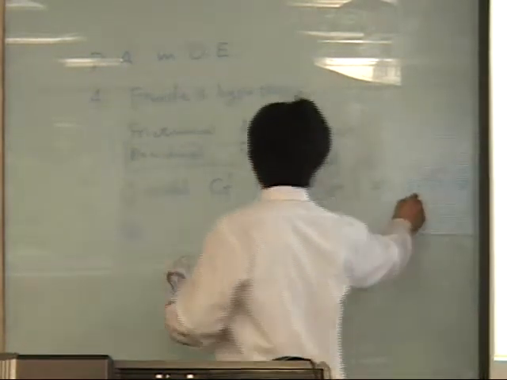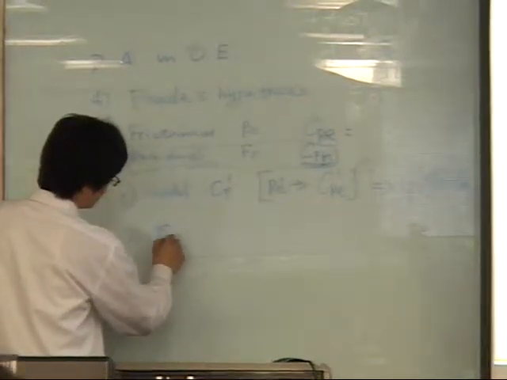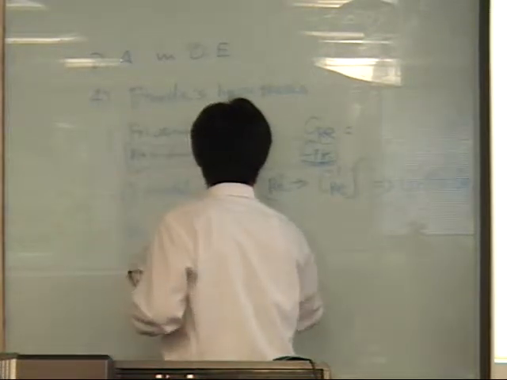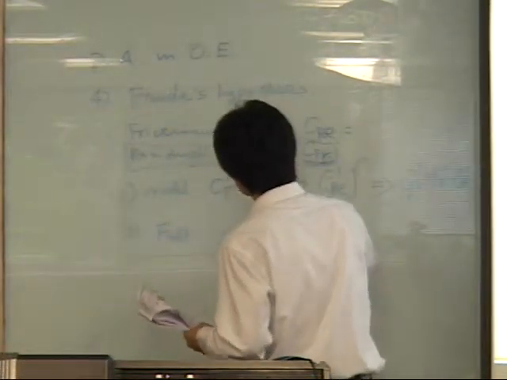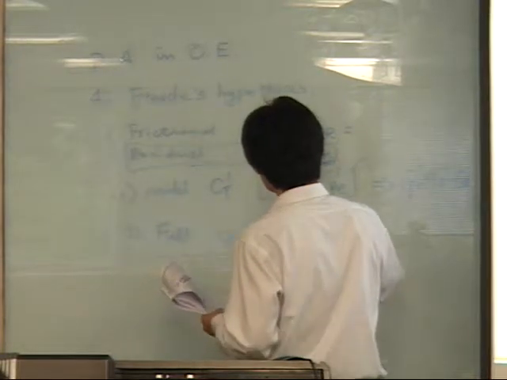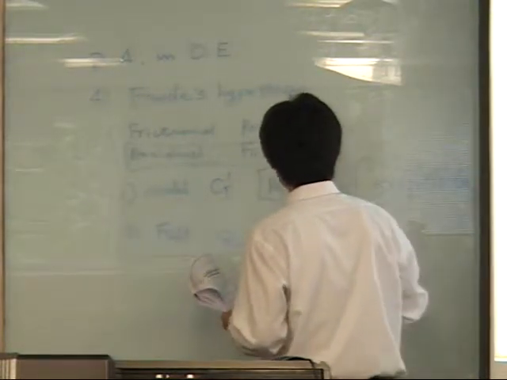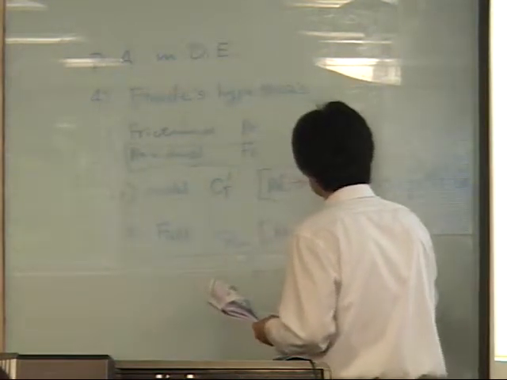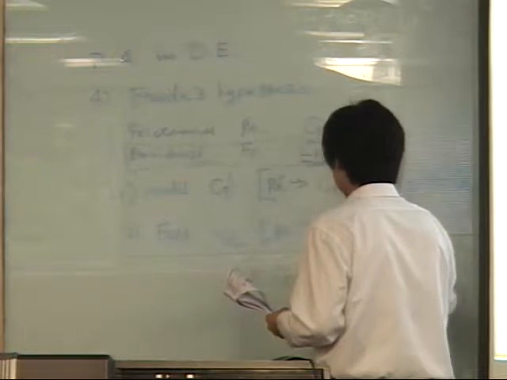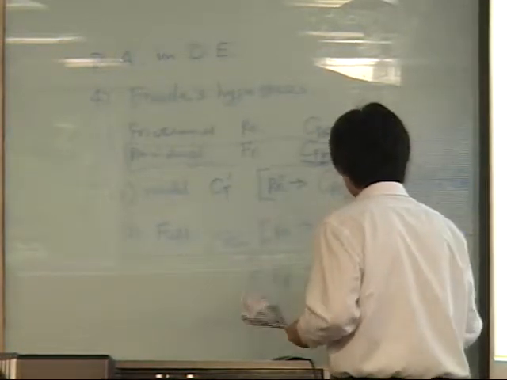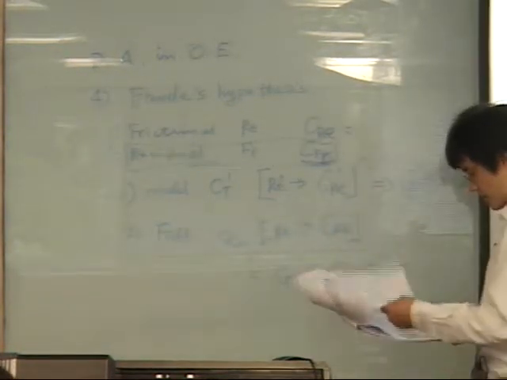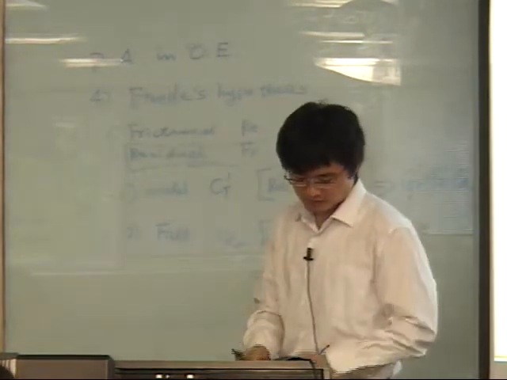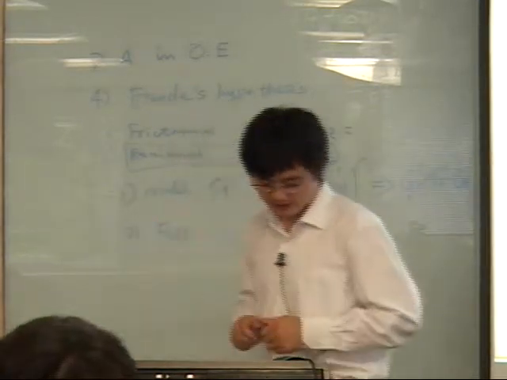And then we scale this one to full scale. We have C_F, and based on the Reynolds number of the real scale, we can figure out this coefficient. And then the total would be this one plus C_R, right? This is the way we do the ship resistance.